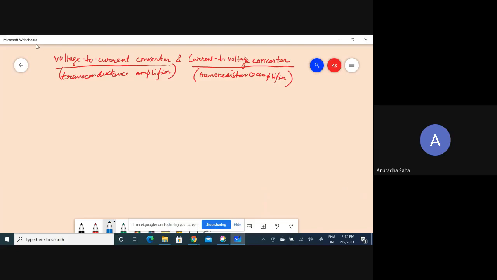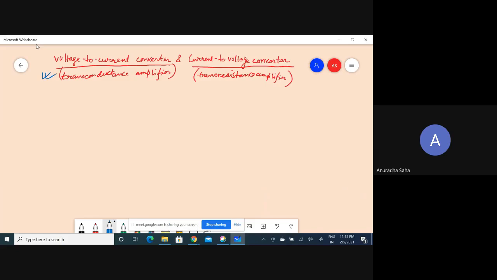And for the current to voltage converter, we need to describe the operation of the I to V converter using inverting mode as well as non-inverting mode. So in each case, we need to describe the operation of the converter circuits with two distinct circuit diagrams.